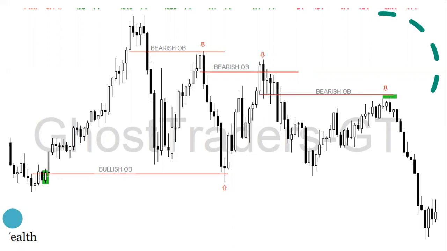Let me just show you something here. If you look here, you can see that we have this candle coming back that is indicated here. This indicated candle is what we call our propulsion block. Our propulsion block is simply the candle that comes and dips in a little bit and closes bearish here before price takes off.